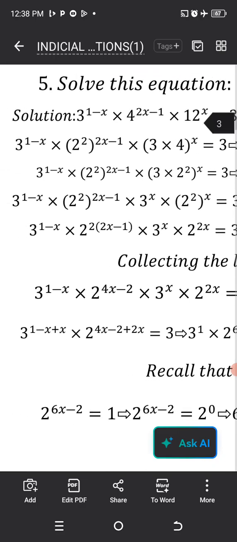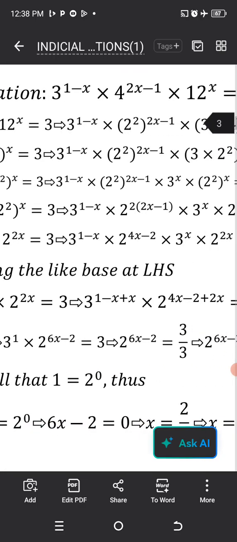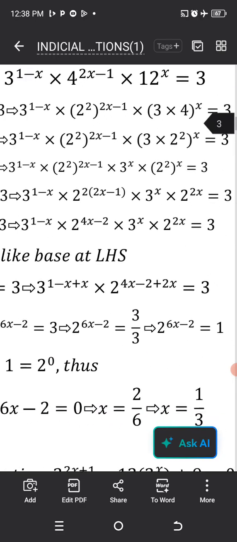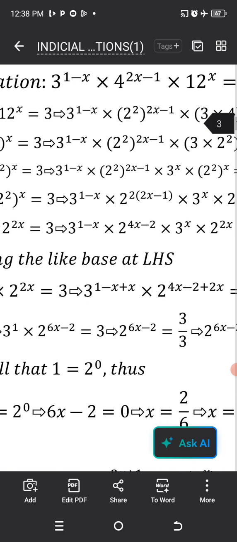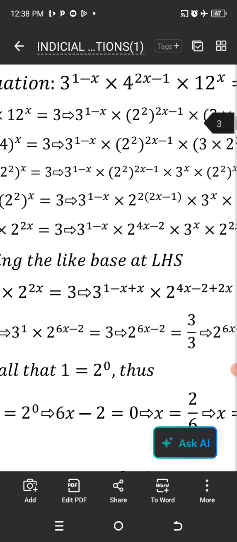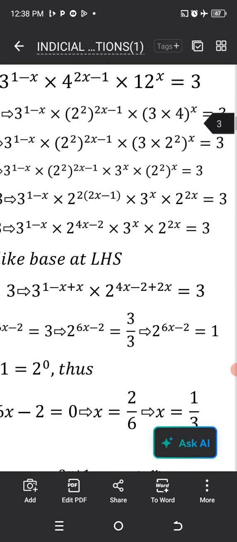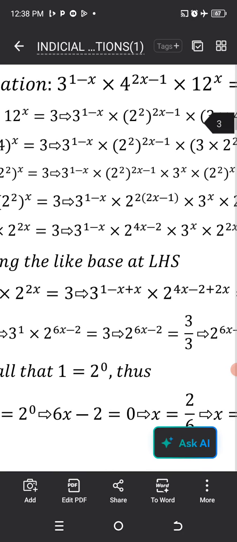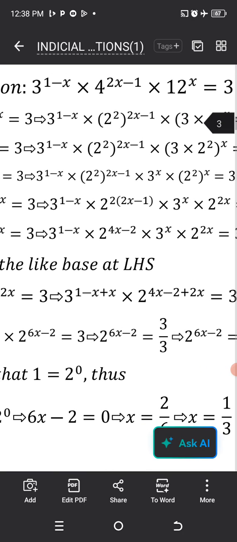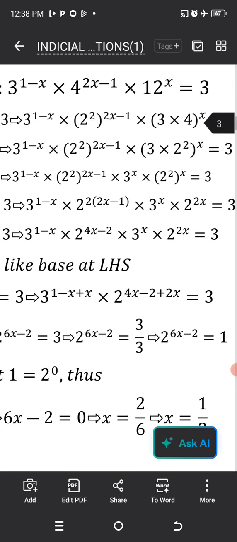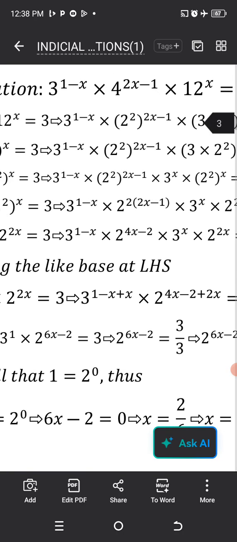So the next expression here is that what? At the front of that implication sign is that what? I just want you to focus on this, what is at the front of that implication sign here. So that is 3 raised to power 1 minus x multiplied by, inside parentheses, 2 raised to power 2, everything raised to power 2x minus 1.